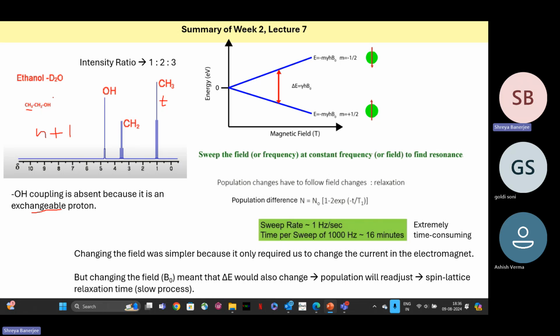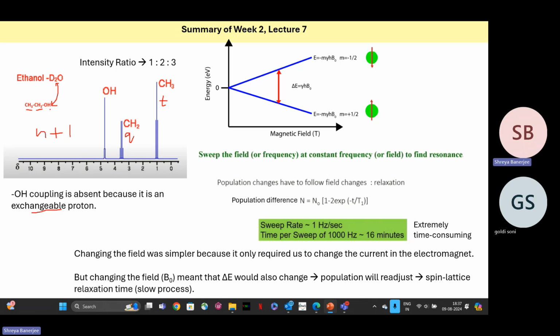So it can exchange proton with the D2O solvent, and so the OH proton does not participate in splitting. So CH2 only has 3 neighboring protons and 3 plus 1 is 4. So CH2 appears as a quartet, that is 4 peaks. And OH, again, because the H on the alcohol is exchangeable, it will not take part in spin-spin coupling, and so it will appear as a singlet. So that is the spin-spin coupling part.